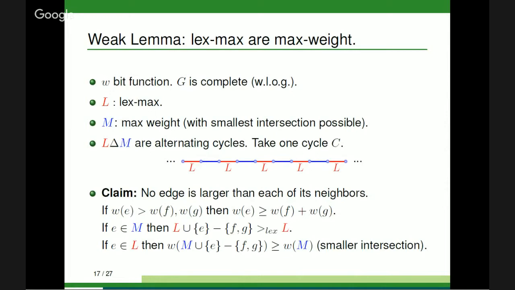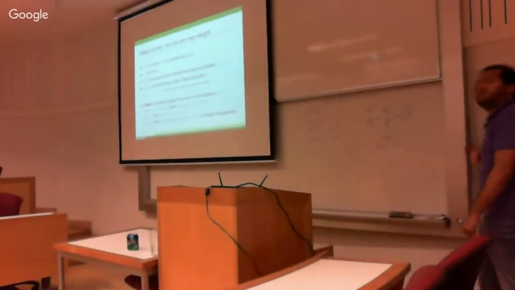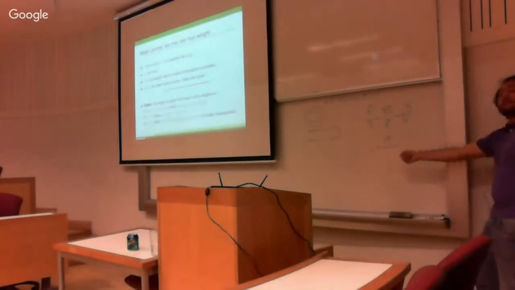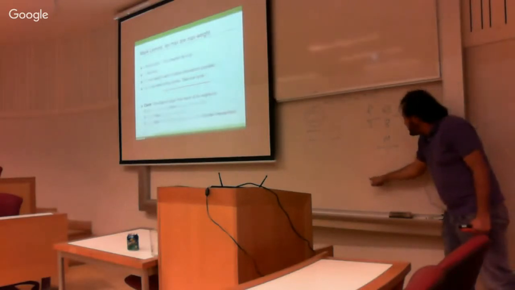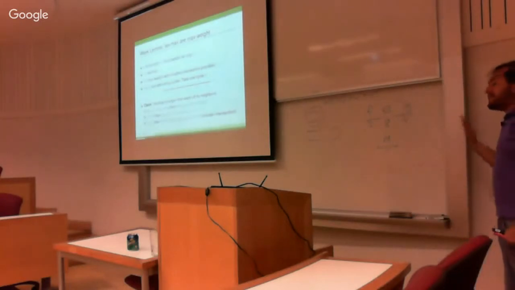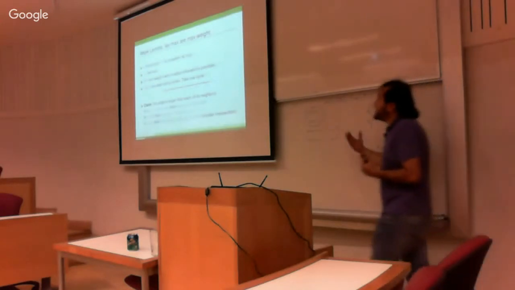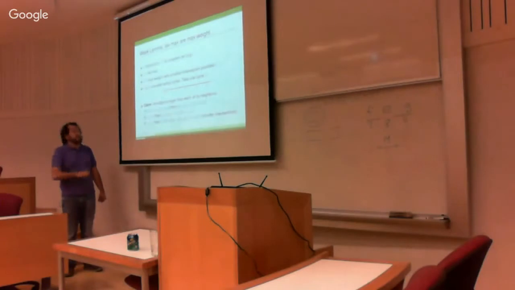It cannot intersect any other edge of L, because the only edges of L that it intersected were F and G. So this new thing is a matching, and that's a contradiction, because this new matching L prime is lexicographically larger than L. You added an edge of larger weight that was not there before.